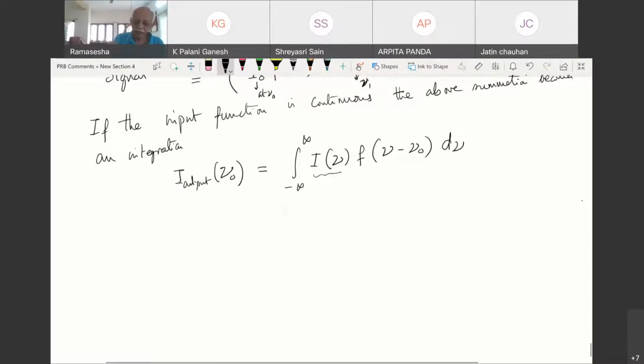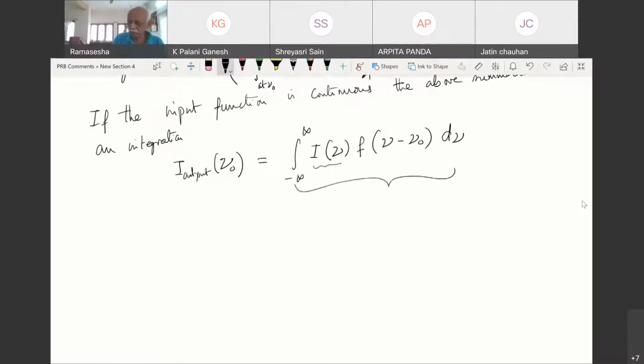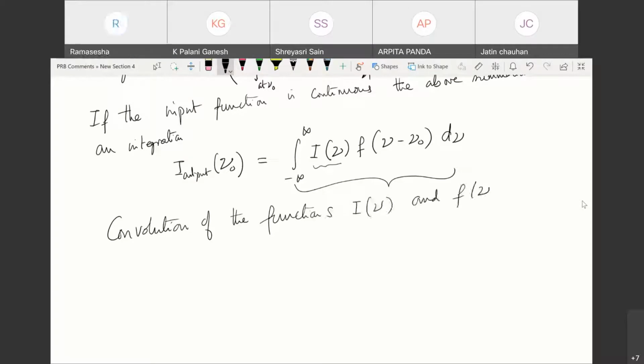So this is called convolution of the function I of nu, f of nu. Okay.